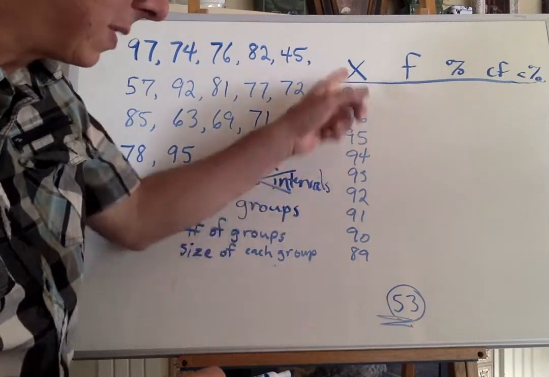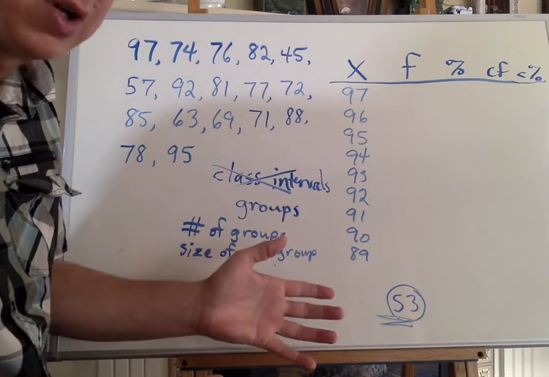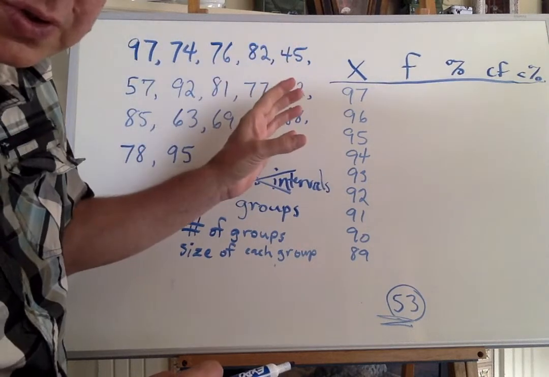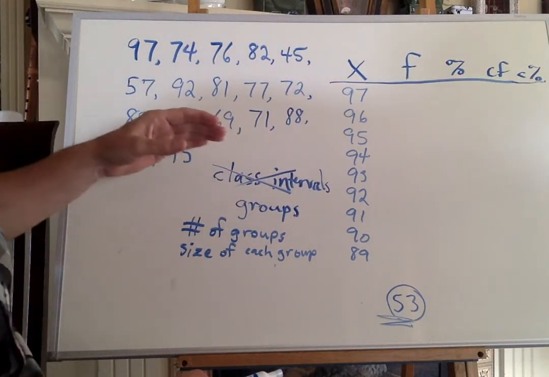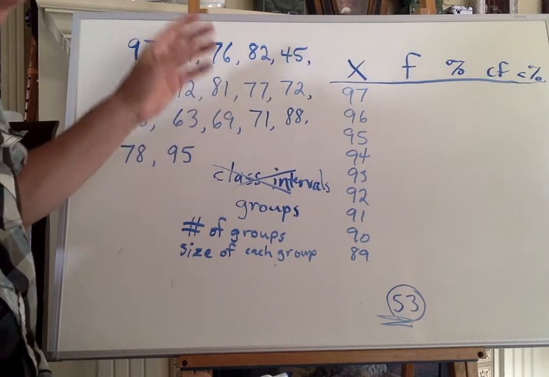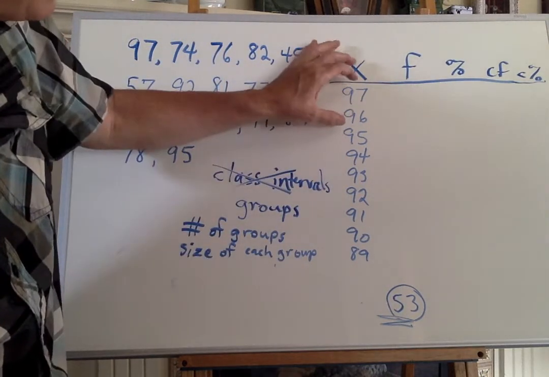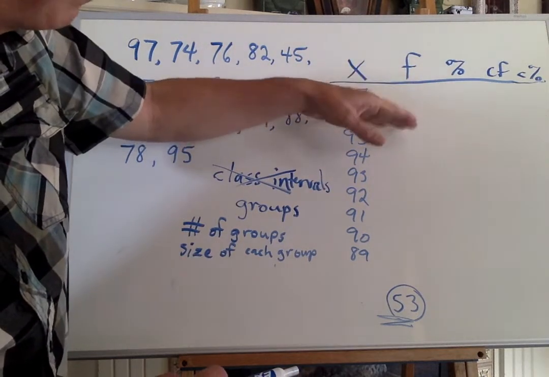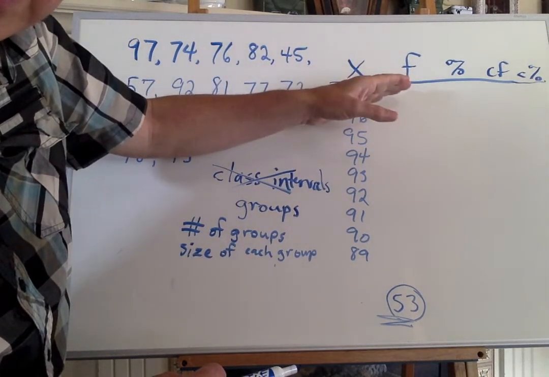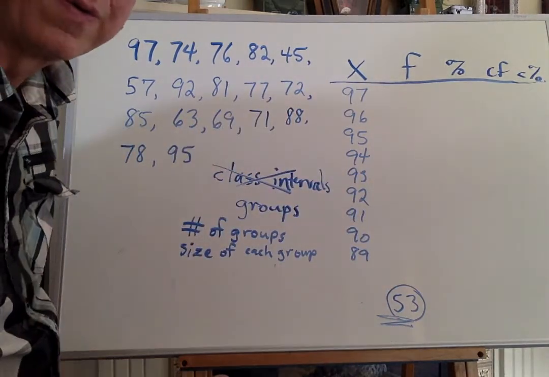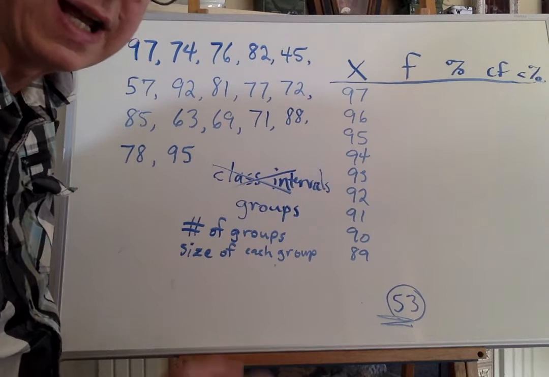If I have 53 spots here, that's just too much to look at. If I only have two groups, let's say I said everybody over 70 and everybody under 70, well, I'm not going to be able to see much distribution, okay? 53 is too many, 2 are too few. Well, what's the right answer?